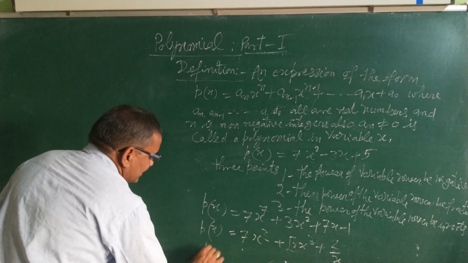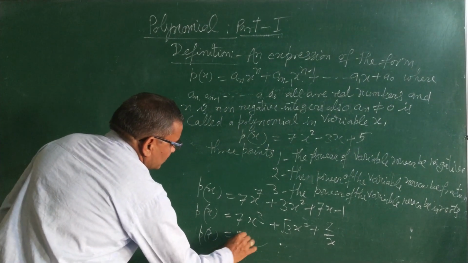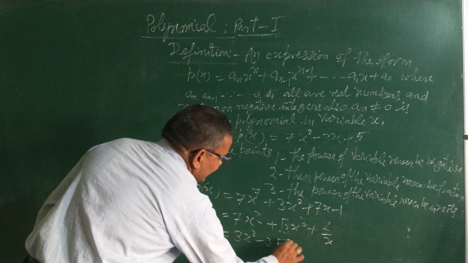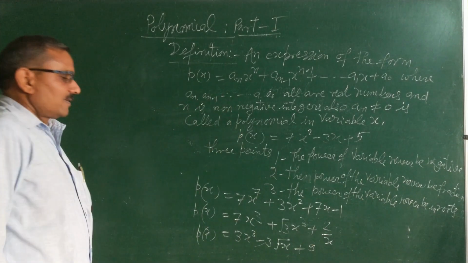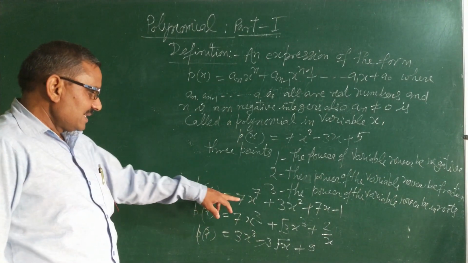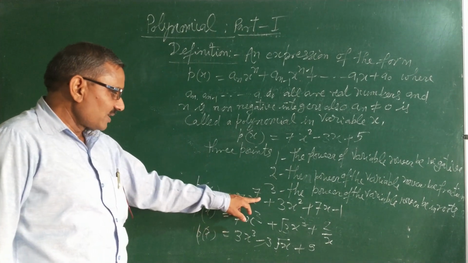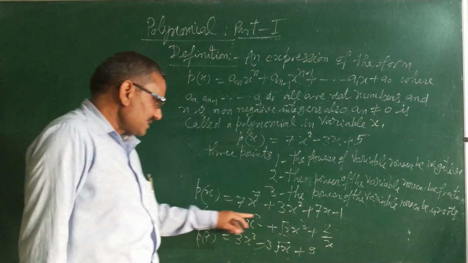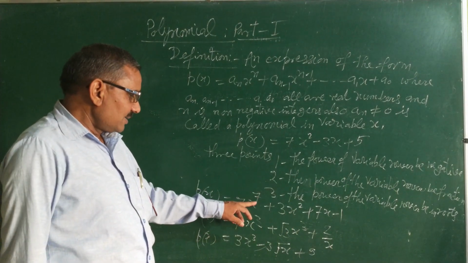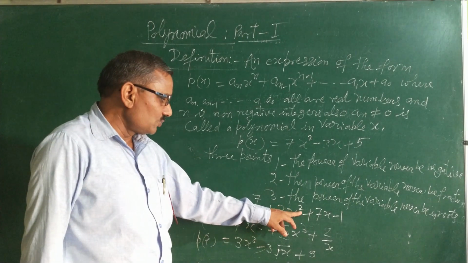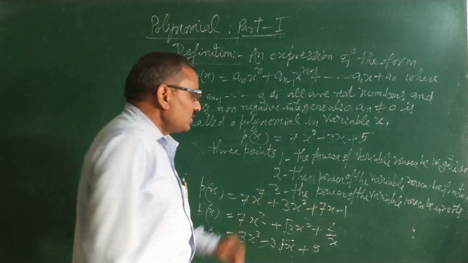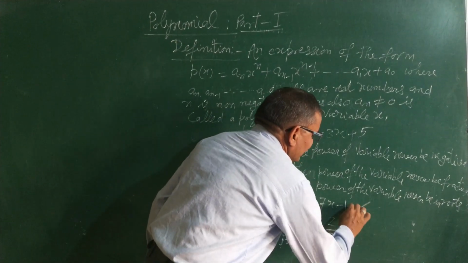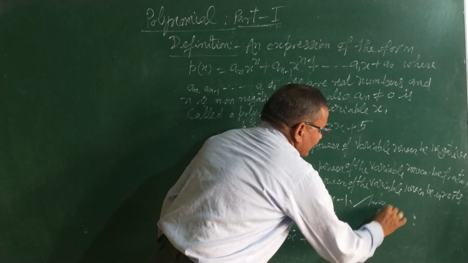The third one is, let us suppose that p(x) is equal to 2x cube minus 3 under root x plus 9. Now in this example, let us see. Here in the first example, 7x power 7 plus 3x square plus 7x minus 1, the highest power of x is 7, then it is 2, then it is 1. So it is a polynomial.